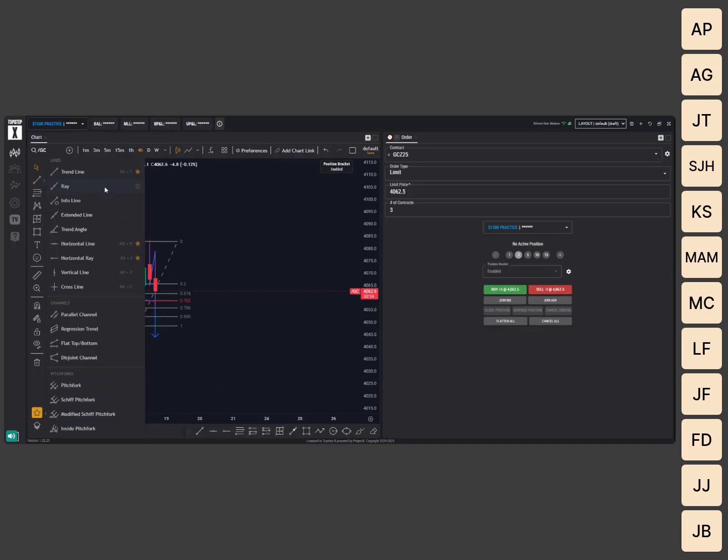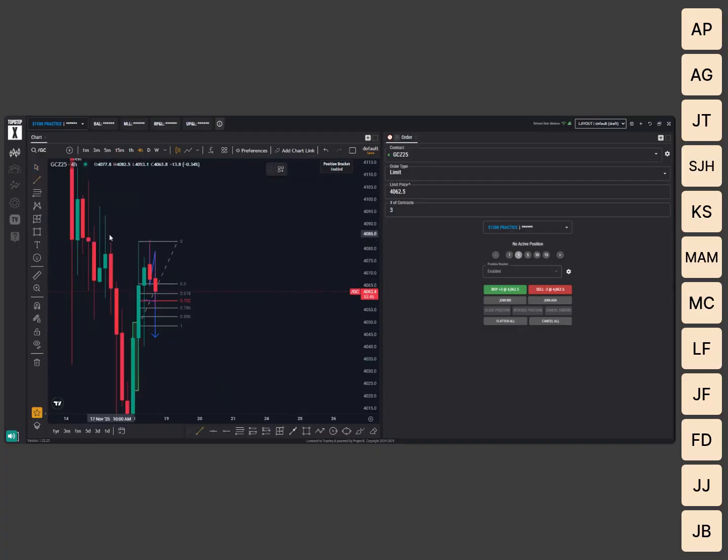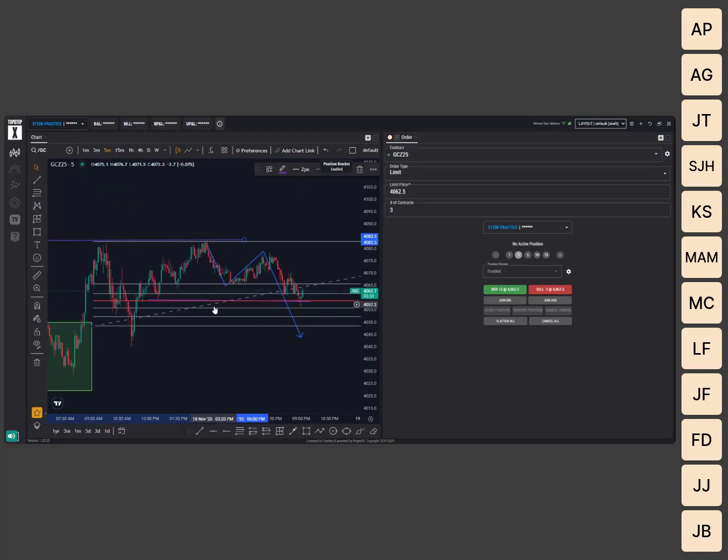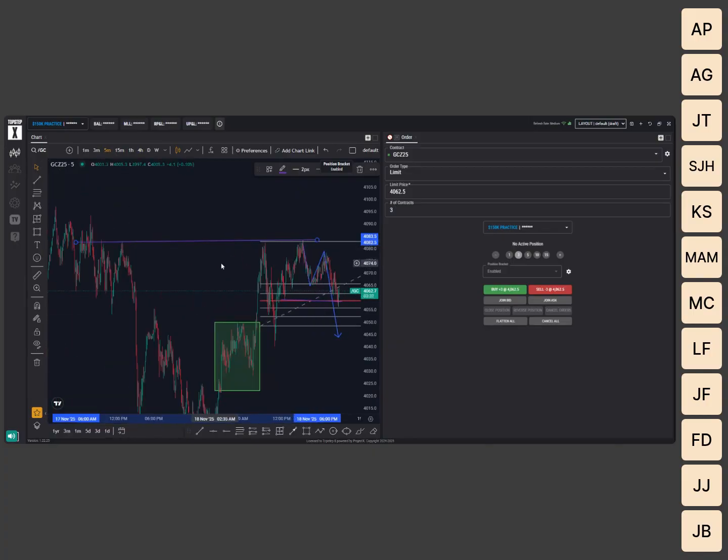My bad, I was trying to cater the call towards the new people, but I want my more experienced people to see this because we were talking about this on the 5 o'clock call. So we're on our 4 hour. We see right here, we got relatively equal highs. We click on our 5 minute. Do y'all see this? Boom, boom, boom, boom.